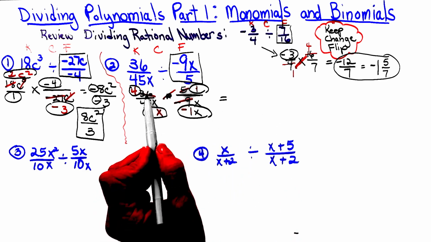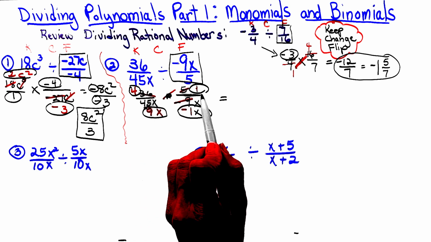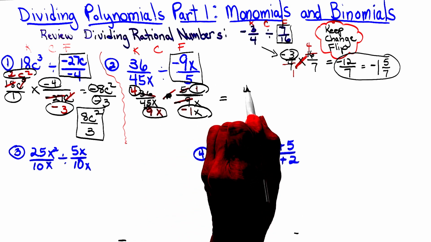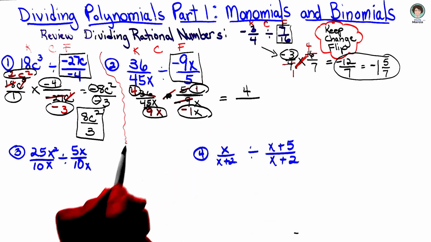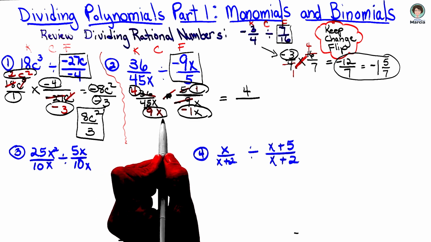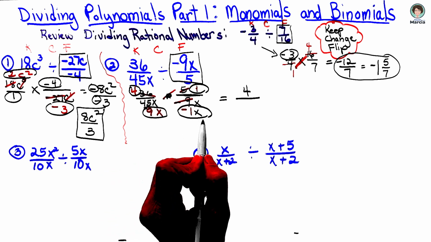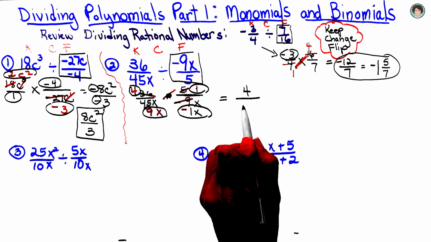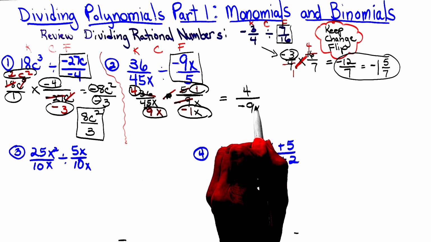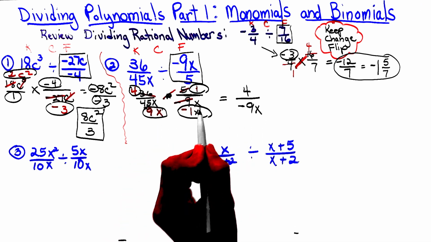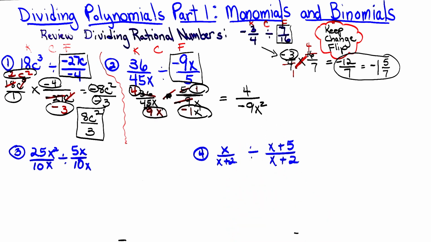So we have our 4 times a 1 is 4, over 9x times a negative 1x is going to be negative 9x. And remember, when we multiply, we add the exponents, so it's negative 9x squared.